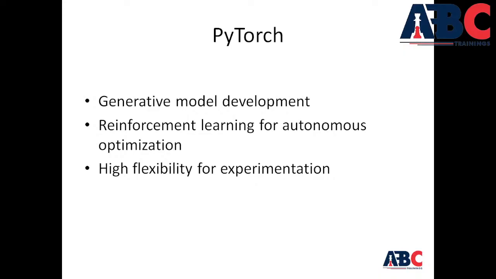PyTorch is also central to the development of generative AI. Diffusion models, GANs, large language models, and multimodal systems are often implemented using PyTorch due to its flexibility and performance. Researchers rely on PyTorch to experiment with new architectures, optimize training loops, and deploy large-scale generative models across distributed GPU clusters.